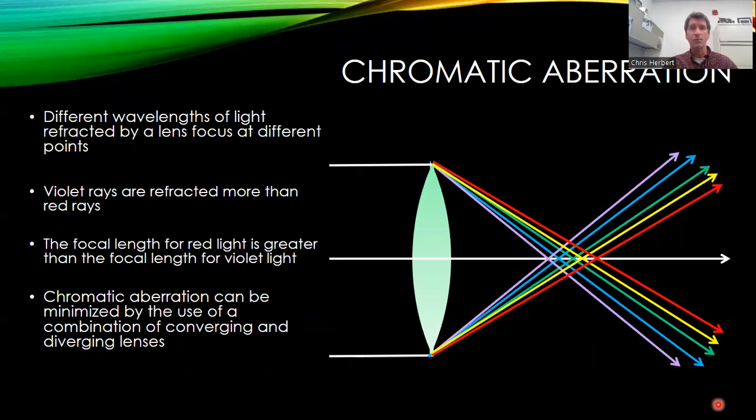So violet light will experience a shorter focal length than red light. You can clearly see the violet light is focusing closer to the lens than the red light in this diagram right here. Again, anytime that you don't have everything focusing to the same point, you lose the crispness in your image. Basically, you don't have a well-focused image.